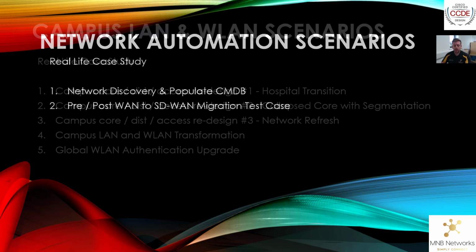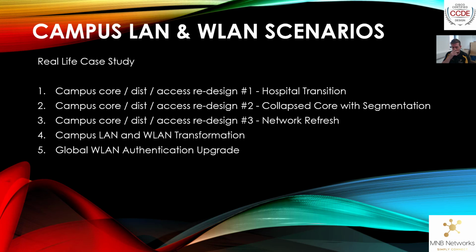We also have campus LAN and wireless LAN scenarios where we have a hospital transition or replacement of kit, and how we integrate the different protocols, or how we integrate the new kit with the old kit using different protocols. We have a collapsed core example with network segmentation, network refresh, I won't say too much about that, and then campus LAN and wireless LAN transformation.